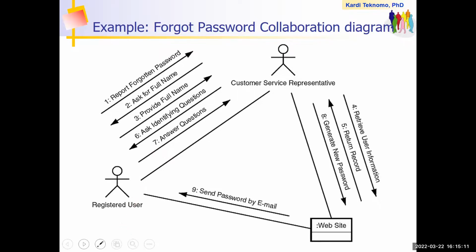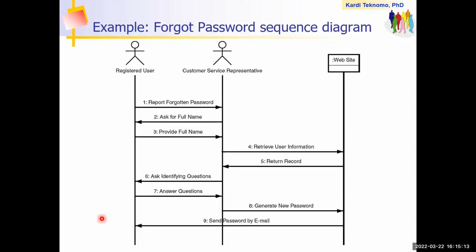So another way is called the interaction diagram, or the sequence diagram, which is the same thing as before. The difference is now you put it into vertical and horizontal axes. Exactly the same. You see here, number 1, the registered user will report the forgotten password to the customer service representative, right?